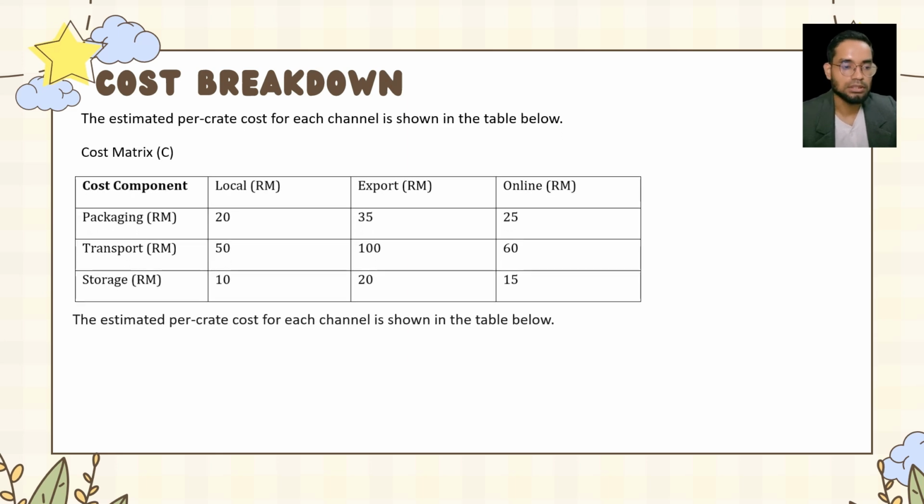Here is the estimated cost breakdown for the prescribed elements: local, international export market, or online, with packaging, transport and storage. We can see here it is 20, 35 and 25 for packaging; transportation is local 50, export 100 and online 60; storage is 10, export 20 and online 15.